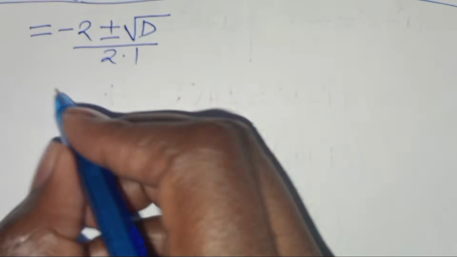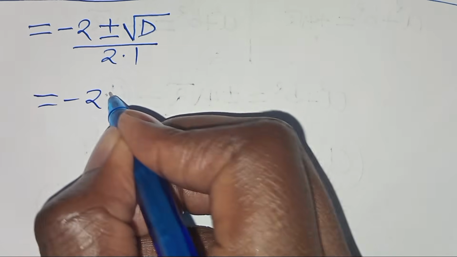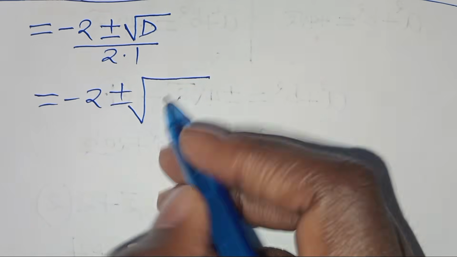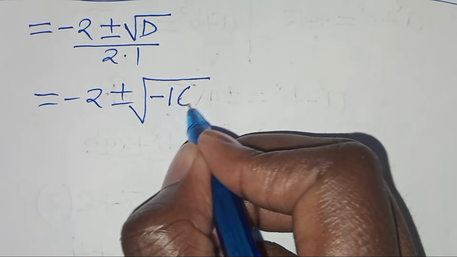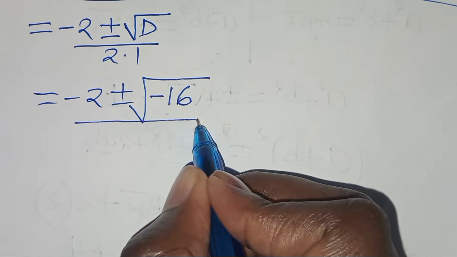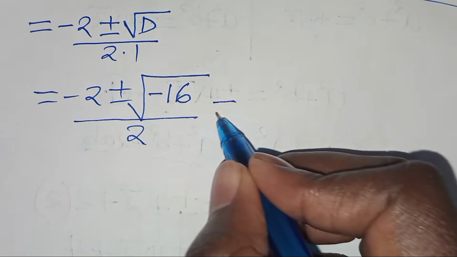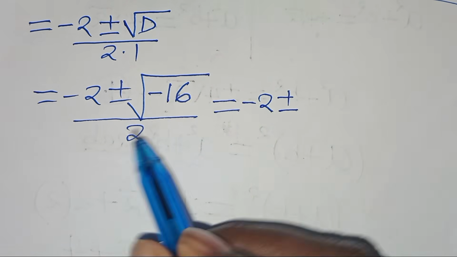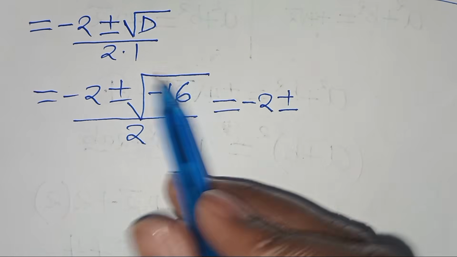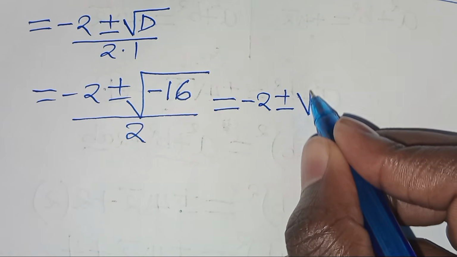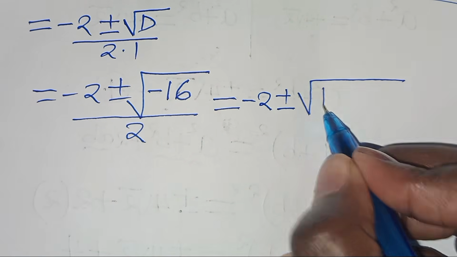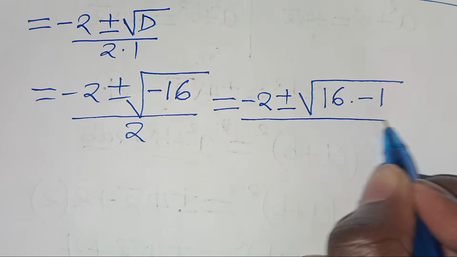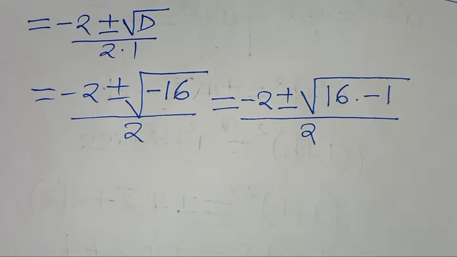Now this is minus 2 plus or minus the square root of the discriminant value, which is minus 16, divided by 2. And this is equal to minus 2 plus or minus, we can express the square root of minus 16 as the square root of 16 times minus 1, everything divided by 2.